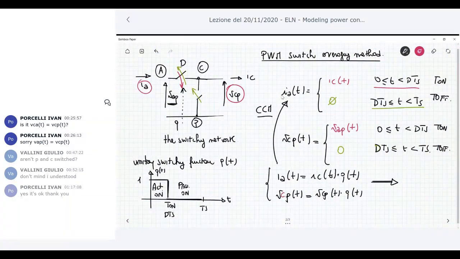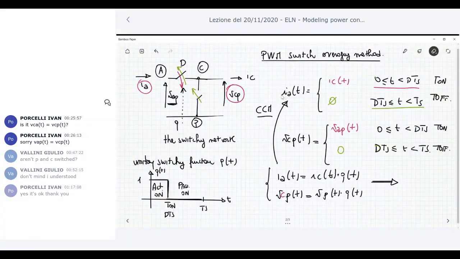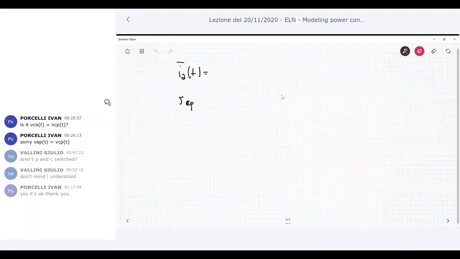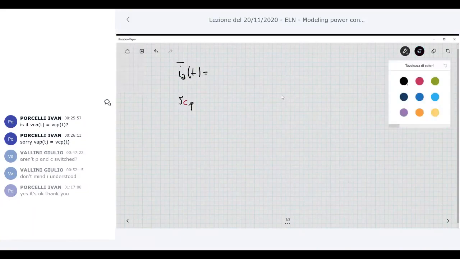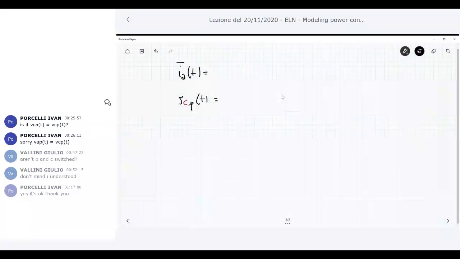Pay attention, VCP, and this is VAP. So I'm looking for the current at the left-hand side and the voltage at the right-hand side. Okay, this is the correct way to analyze this thing, and this is evident here. So this is VCP, exactly. So I stress the error I made with the red colors.